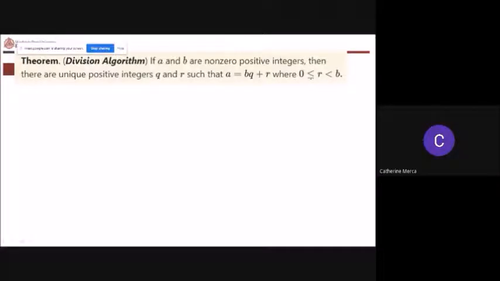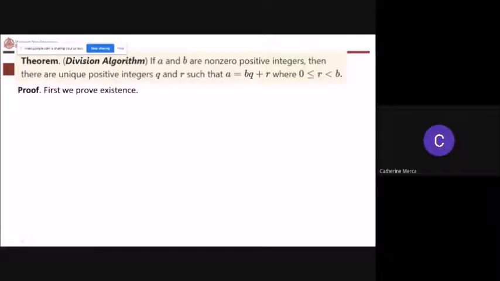So your remainder can be equal to 0, but it should be less than the quantity b. Remember, we are talking about integers, positive integers, q and r. So a can be expressed as bq plus r, where r is between 0 and b.